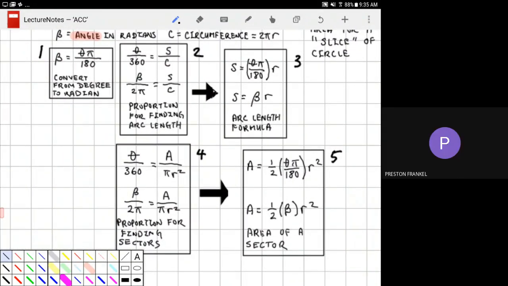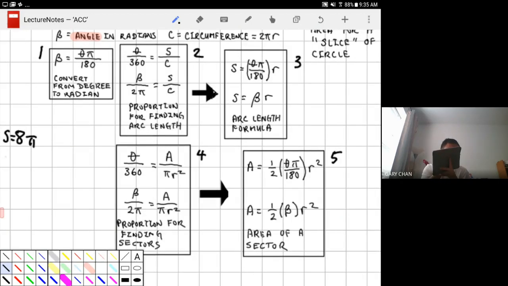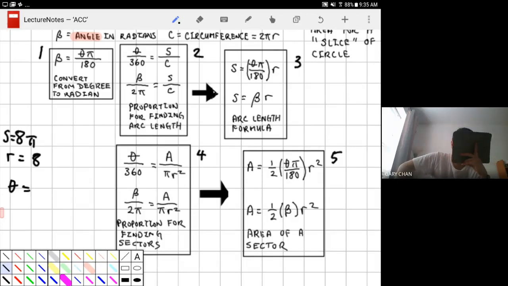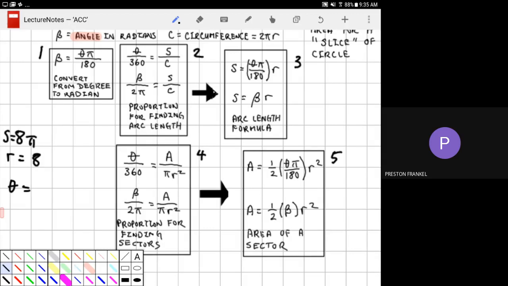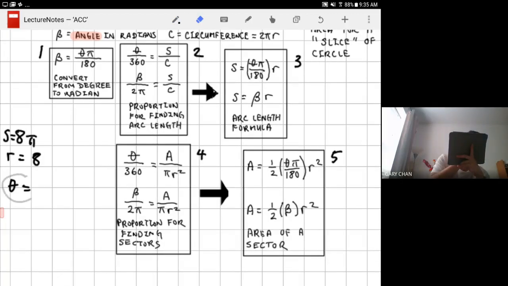You're given the arc length, which is 8 pi. That's S, right? And you're given the radius, which is 8. And you're asked to find out what theta is, the central angle. Based on those two givens, which formulas are you going to use?